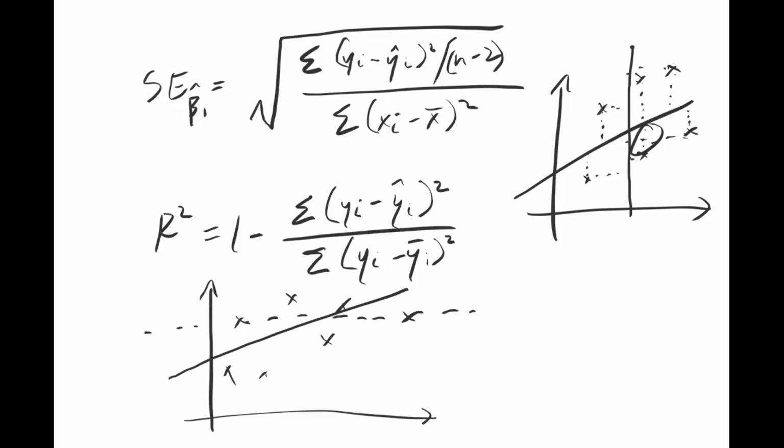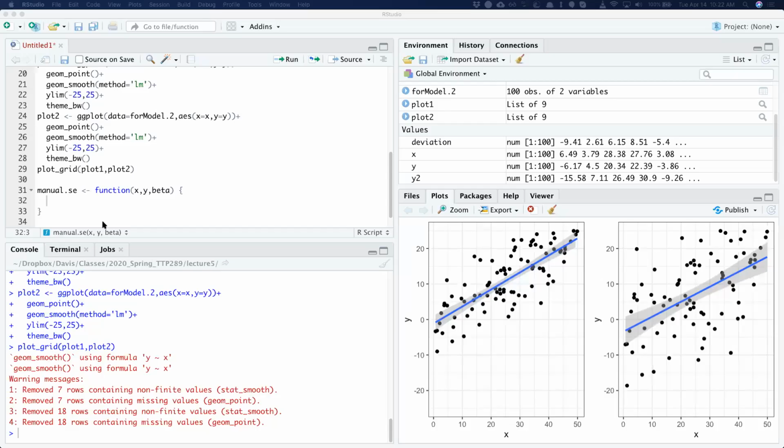That's essentially what the r squared is telling us. So let's go back to RStudio so that we can see how to code these manually.